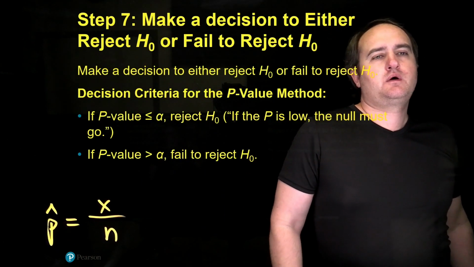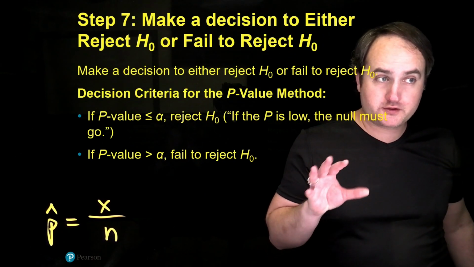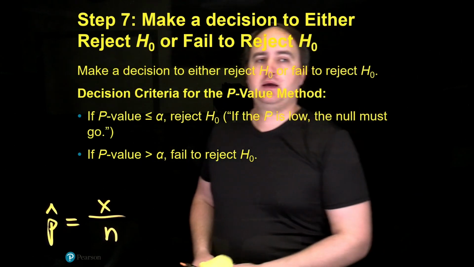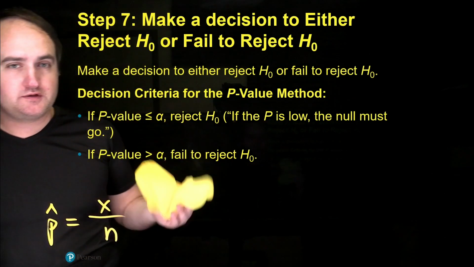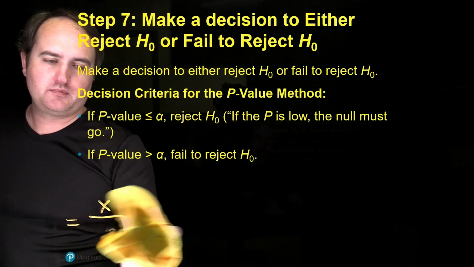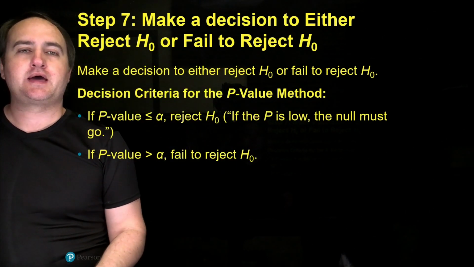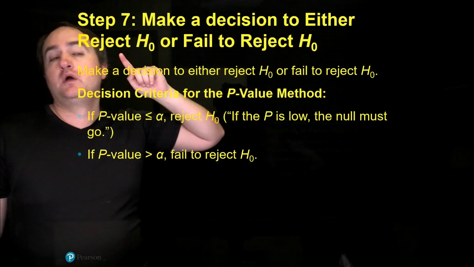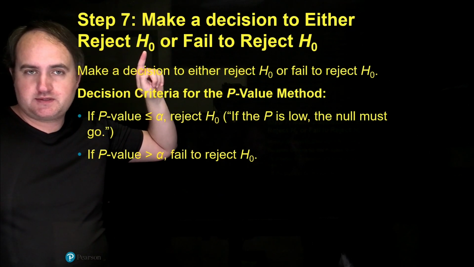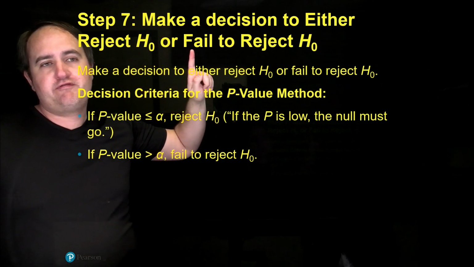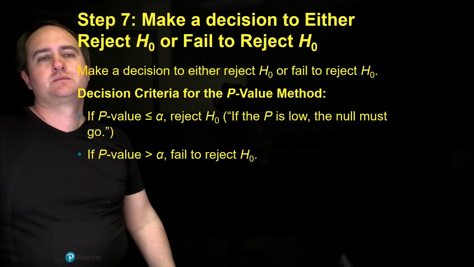All right, so believe it or not, there are more steps to a hypothesis test. So once you've calculated your p-value, which we have done for this problem, you have to make a decision to either reject your null hypothesis, H naught, or fail to reject your null hypothesis.